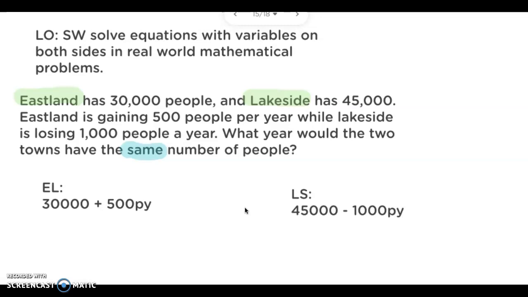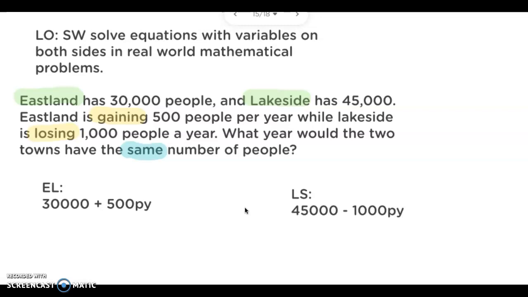So please pay attention to keywords such as gaining and losing, because that's going to tell me if I'm going to be adding or subtracting here.